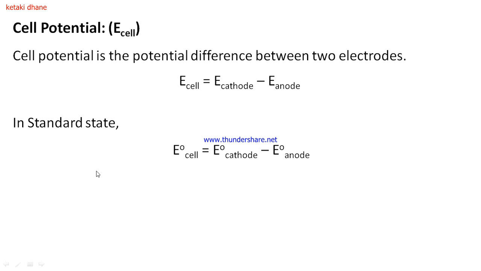When we talk about the potential difference in the standard state, with a solution whose concentration is already known to us, the potential difference is equal to the standard potential at the cathode minus the standard potential at the anode, and it is denoted as the potential difference in the standard state.